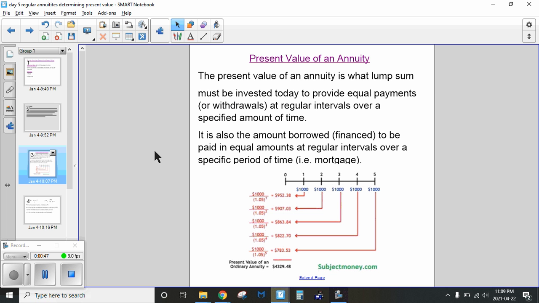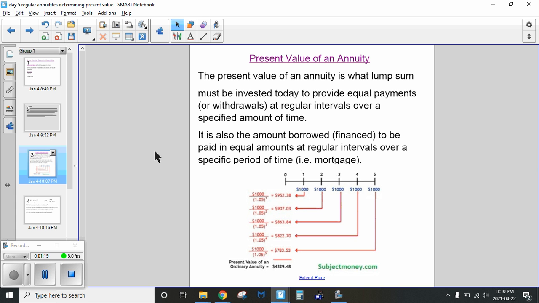Okay, so the present value of an annuity is the lump sum that has to be invested today to provide equal payments or withdrawals at regular intervals over a specified amount of time. So that's wordy. I'm going to explain using that timeline underneath. The present value of an annuity could also be the amount borrowed that's going to be paid off in equal amounts, like the mortgage.